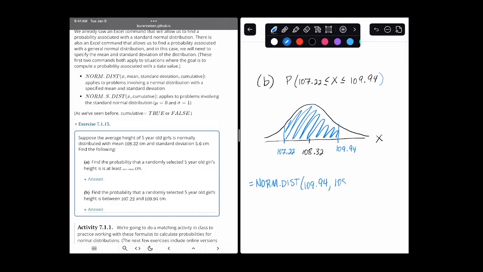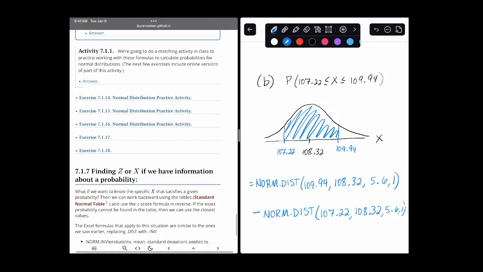So I would need to type in 108.32 and 5.6 and true, and then I would need to subtract the area to the left of the smaller value. So norm.dist of 107.22. And then again, I would need to tell it my mean and my standard deviation. But it's the same process that we had before. And so this would give me the area between those two numbers.